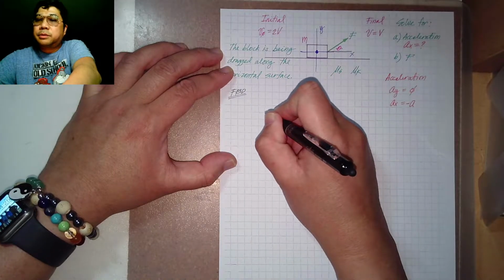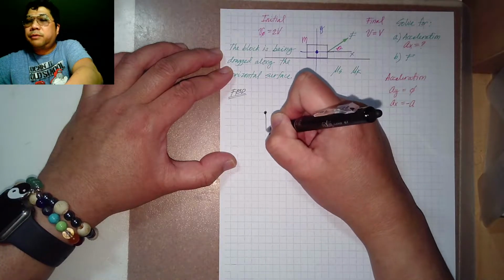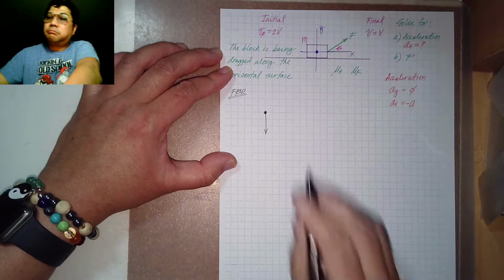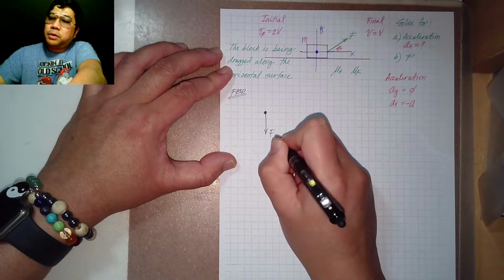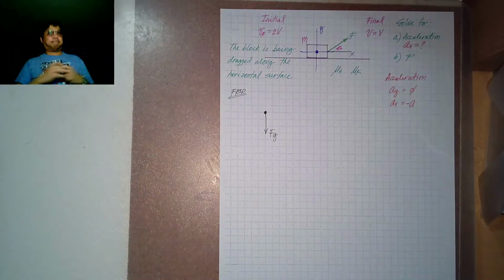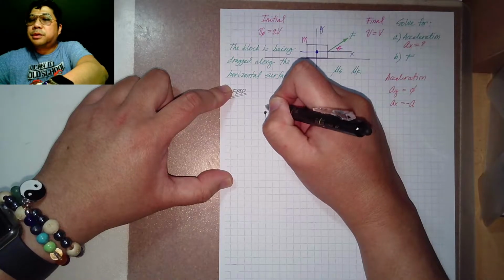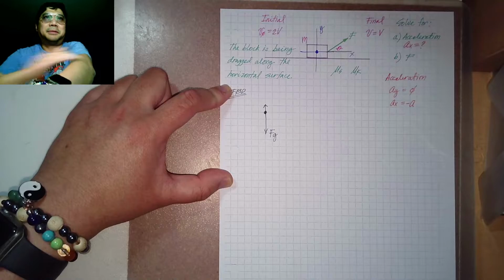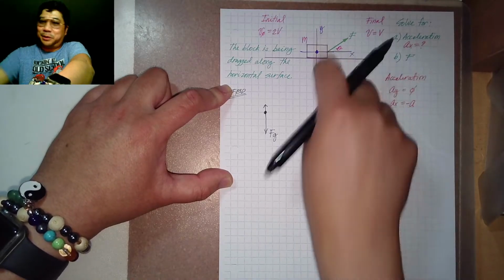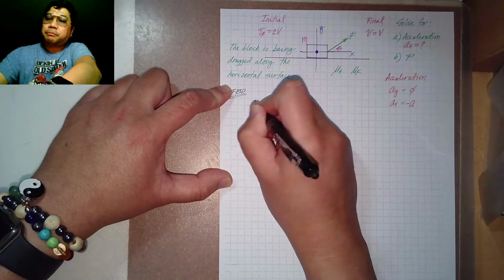First, let's draw the dot right here. We have our first force, the force of gravity or weight. And of course, since it's on the surface, there's a force along your y-axis between the surface and the object, and that is your normal force.